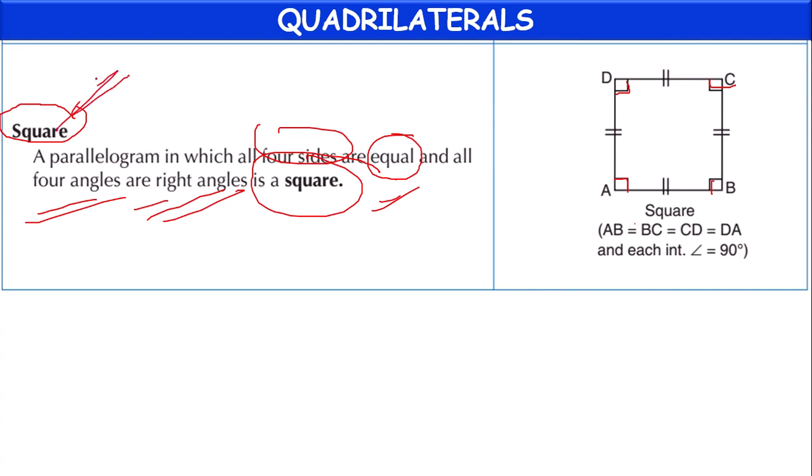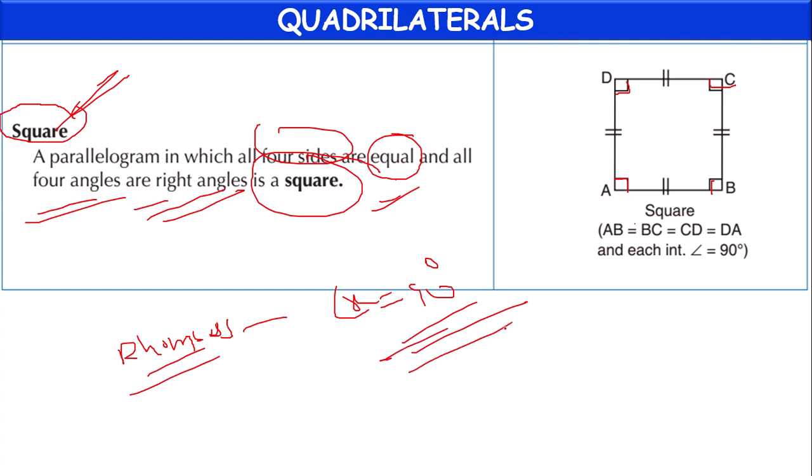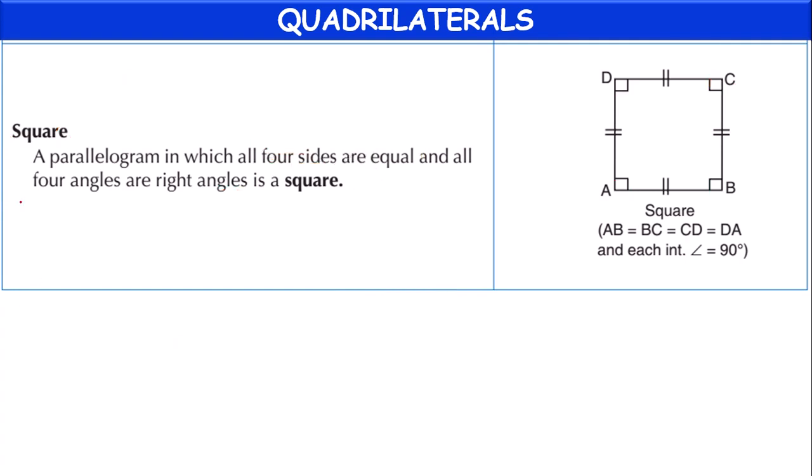Means square can also be called as a rhombus in which all angles are equal to 90 degrees. If we say the definition, a parallelogram, then we have to tell in which all four sides are equal, all four angles are right angles.